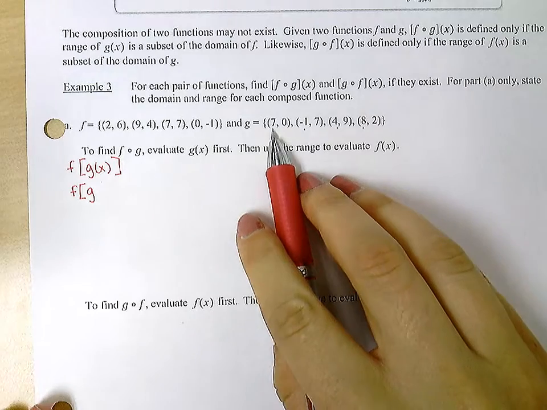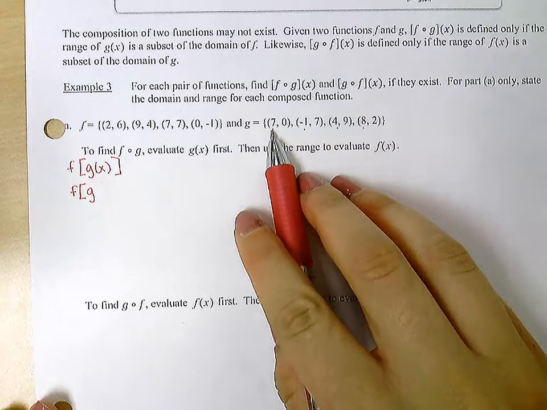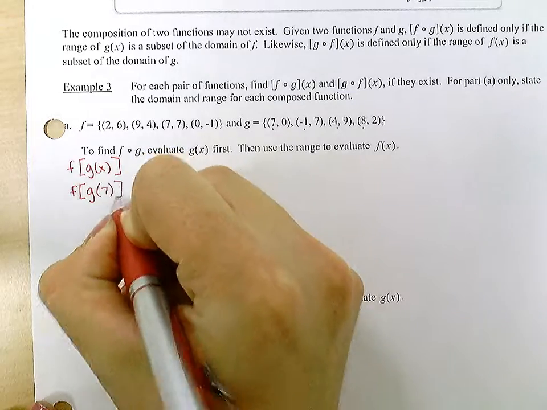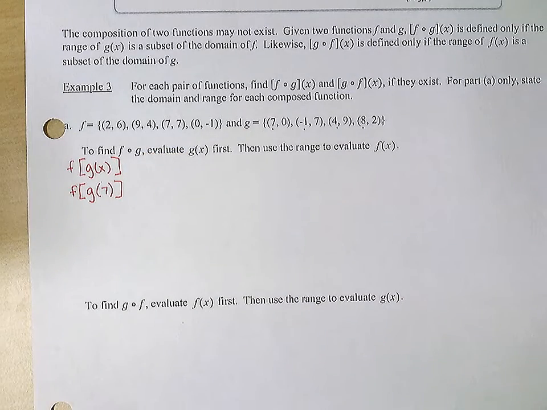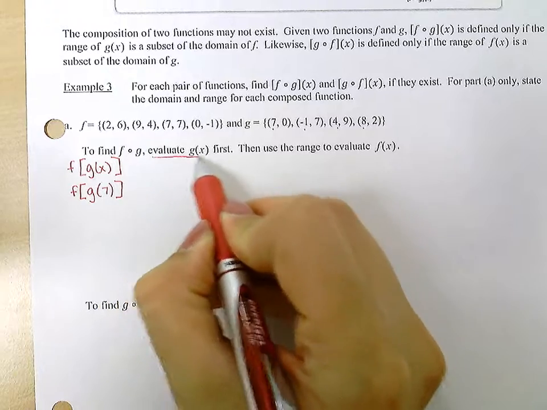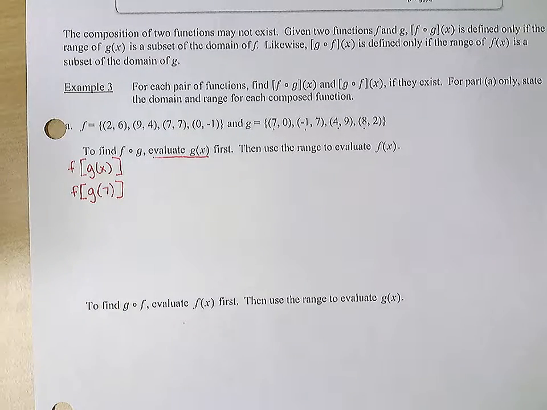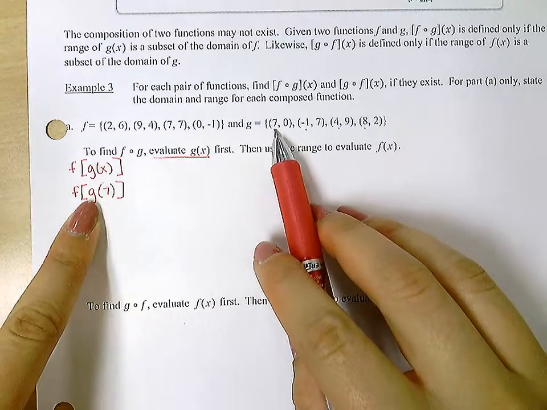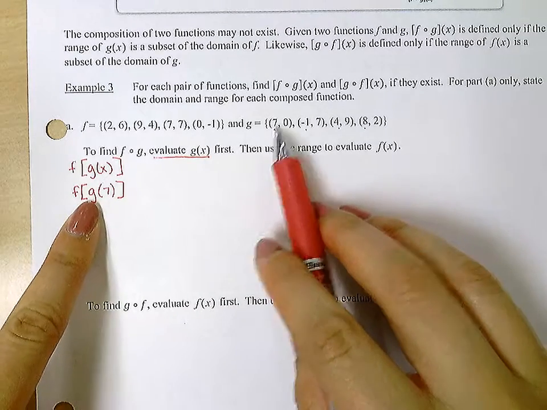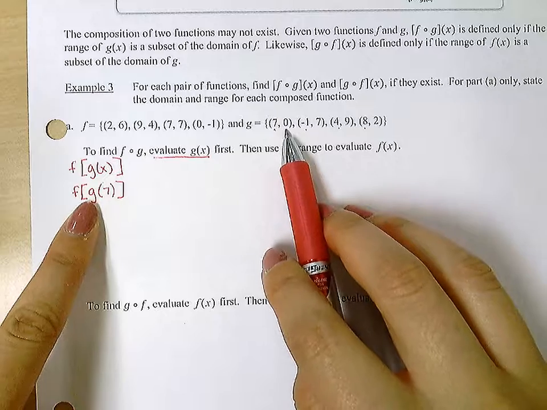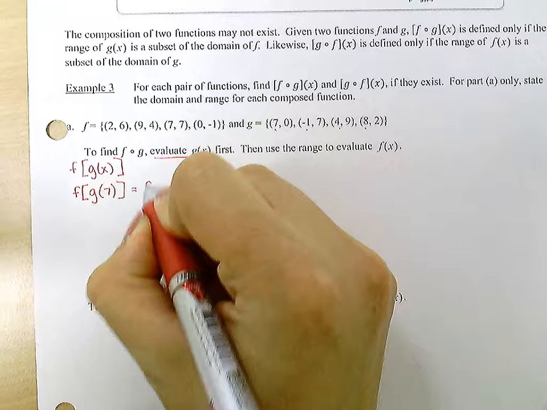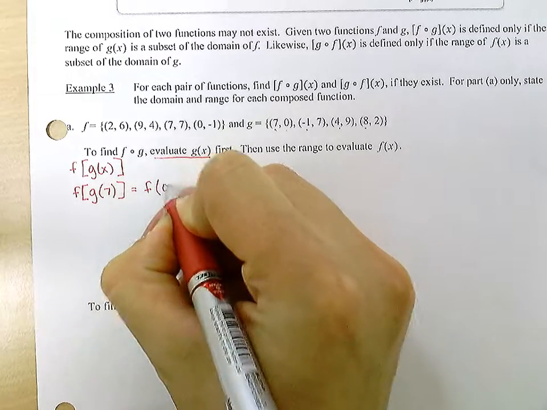My first x value in my g function is 7, so I'm going to plug in 7 for x. To evaluate g of x first, I want to evaluate g of 7. If I plug in 7 for x, my y value for g would be 0. So evaluating g of 7, I would have f of 0.